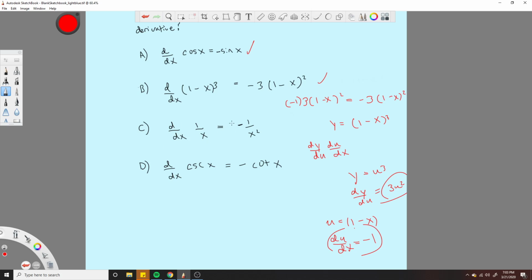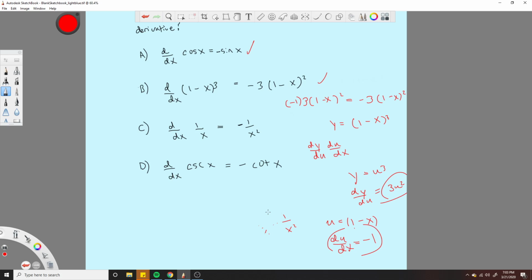So now that we're on C, derivative of 1 over x is equal to negative 1 over x squared. Whenever you have your variable in the denominator, you're going to make it negative, and then you're going to go to the next power. So that's right.